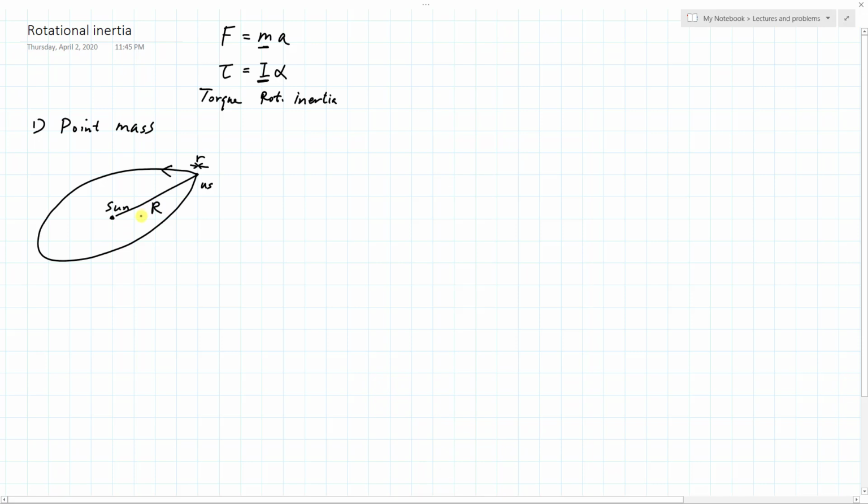So what is the rotational inertia of a point mass? This is actually easy. The formula, let me write it below here, is rotational inertia equals mass, not the lowercase r, but the uppercase R squared. So this is the mass of the point mass, and R is the distance to the axis of rotation.